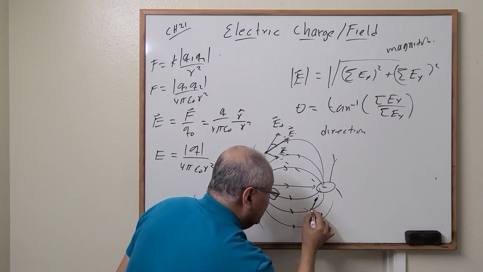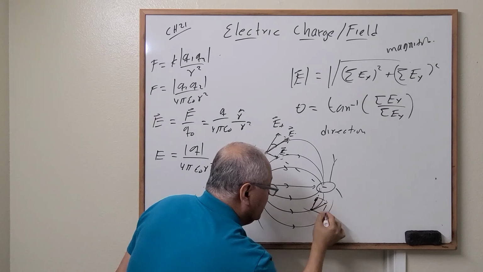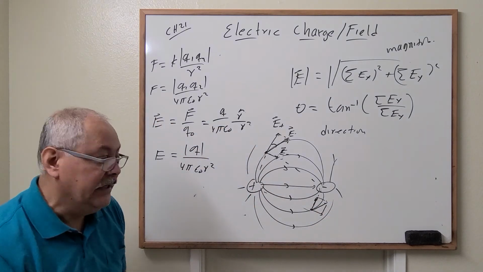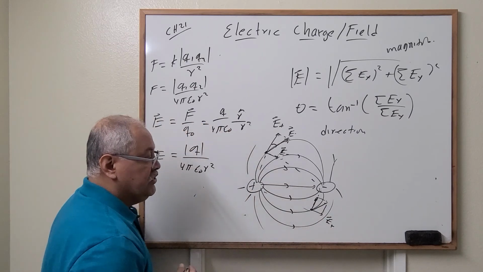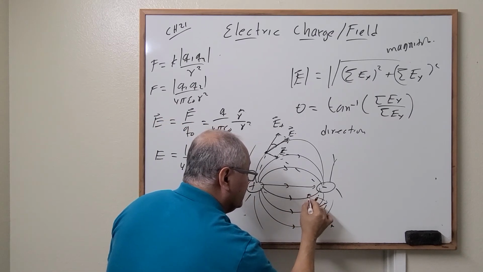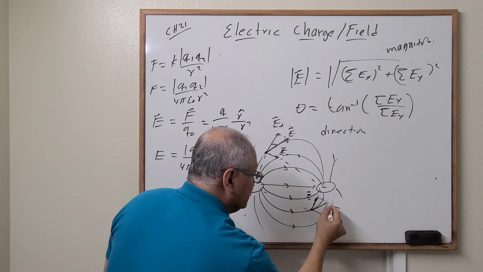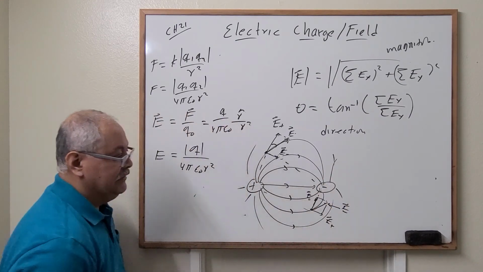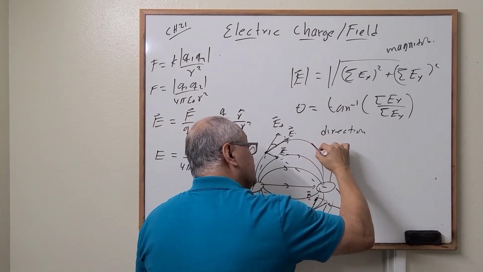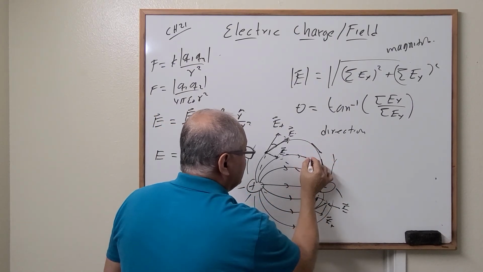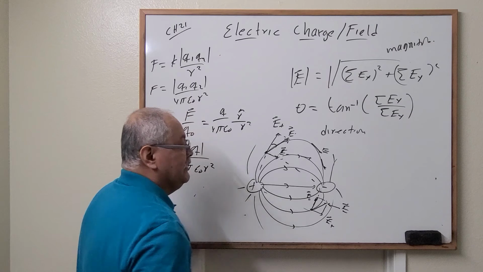It is found using the parallelogram technique. Remember, one more time, this is the electric field produced by the positive charge. This is the electric field produced by the negative charge. And this is the total electric field. You can see the electric field is tangent to this curve. It's tangent. That's the electric field. Got it?